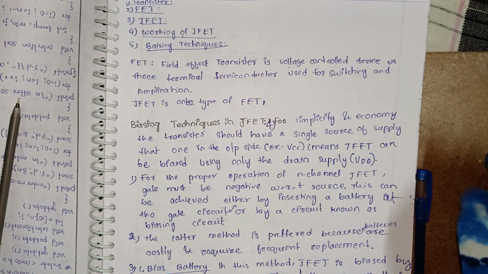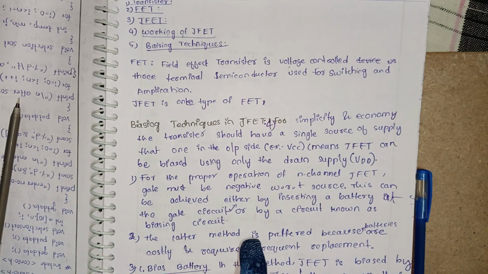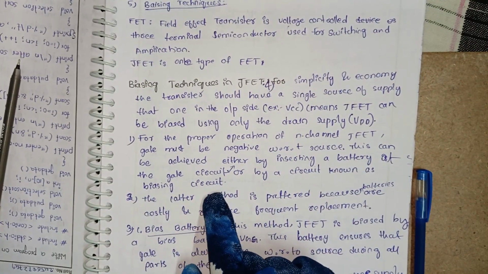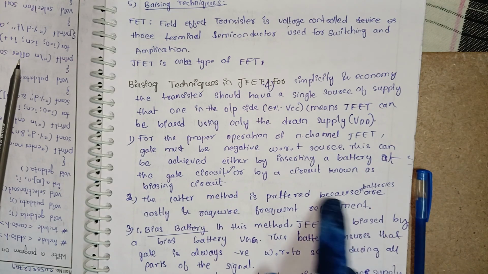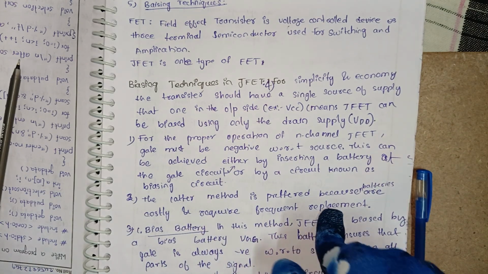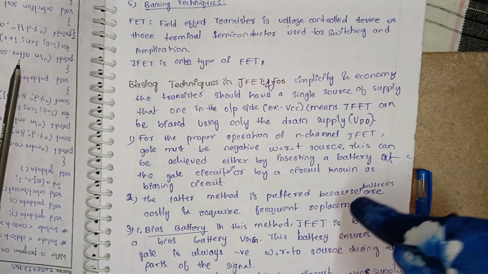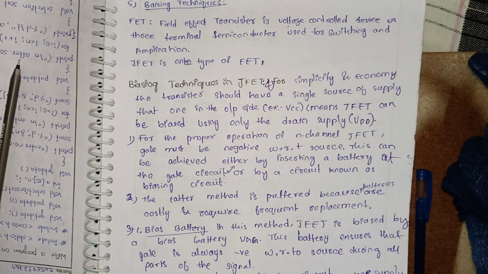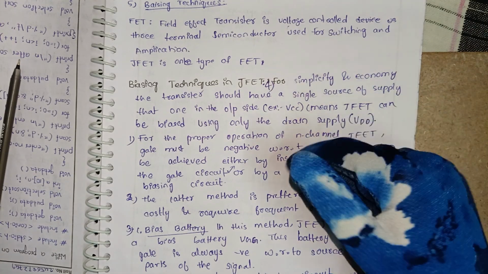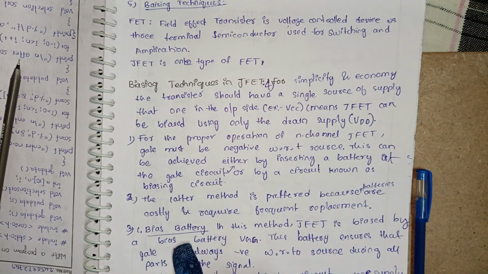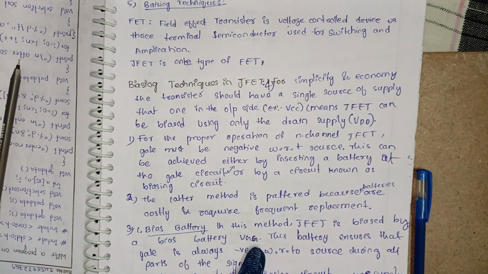The latter method, the biasing circuit method, is preferred because batteries are costly and require frequent replacement. If they fail, they must be replaced, otherwise they will not work. In the bias battery method, the JFET is biased by a bias battery VGG.